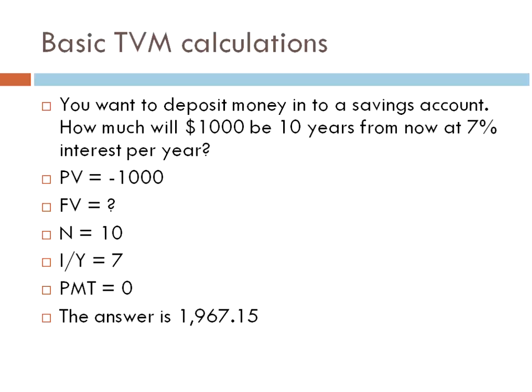So let's make sure that we enter these numbers correctly. We said future value is the question mark, and we also said that present value is negative 1,000. N refers to the number of periods. In this case, we're talking about years, and we have 10 years, so N is 10.